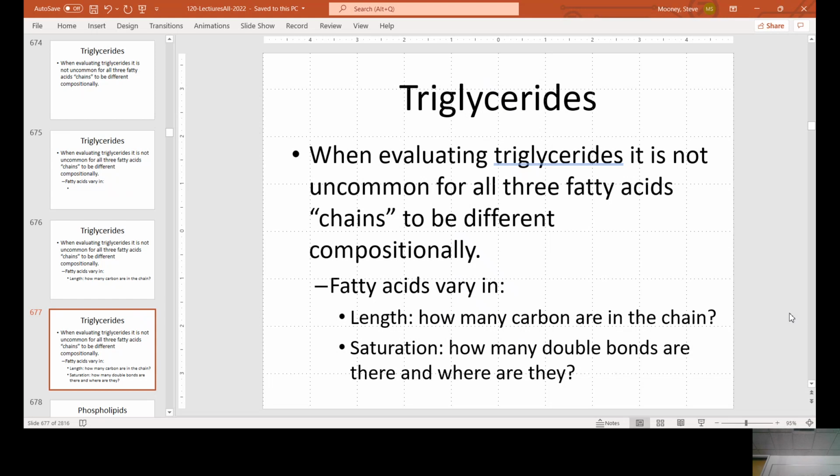But if there's less than 16 carbons in the chain, those are usually made in the udder. We call that de novo synthesis, made new.